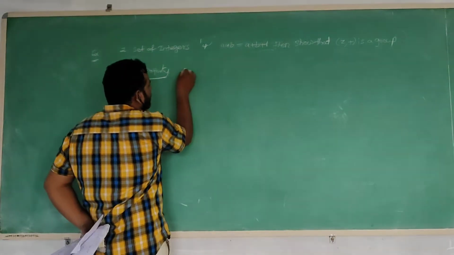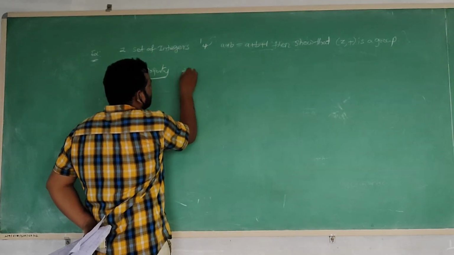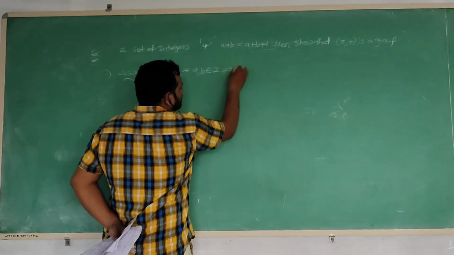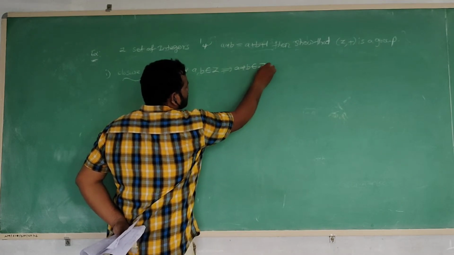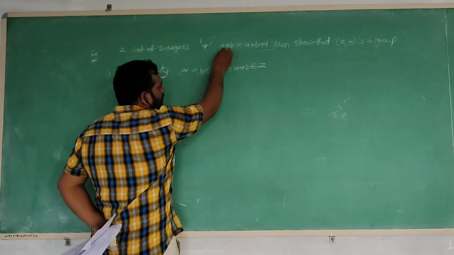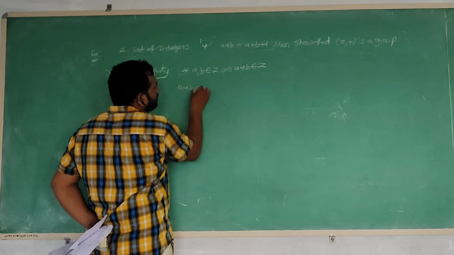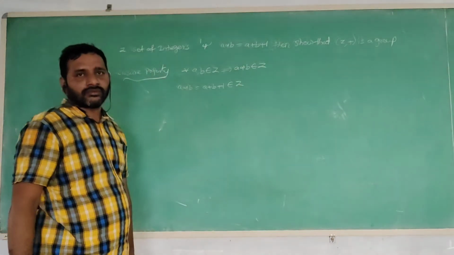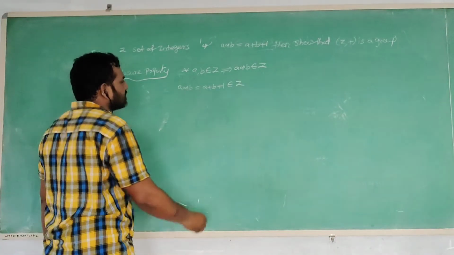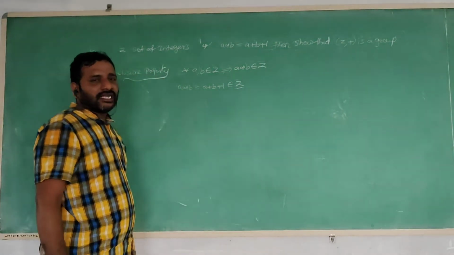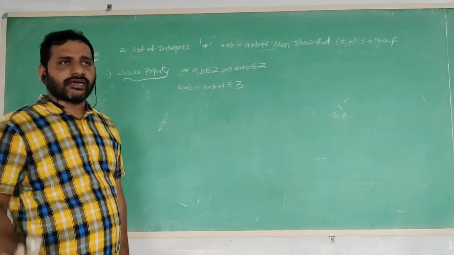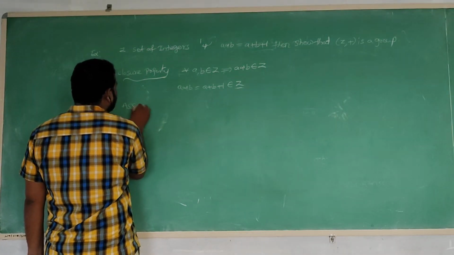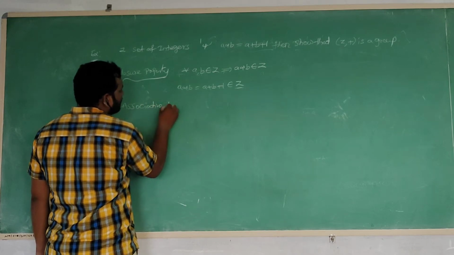For all A comma B belongs to G, meaning A comma B belongs to Z, that implies A star B also belongs to Z. The operation star is defined by A star B equals A plus B plus 1, which also belongs to Z. Therefore, Z satisfies the closure property with respect to the operation star. Next, the second one: associative property.